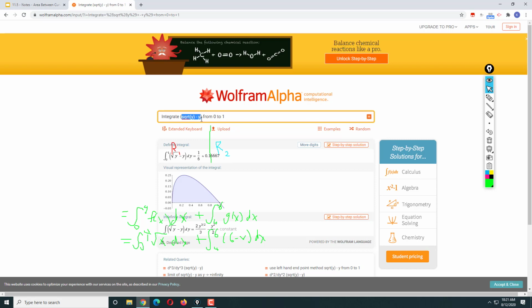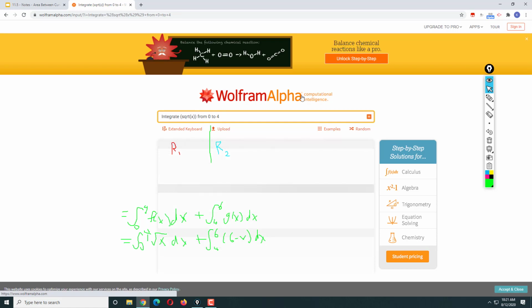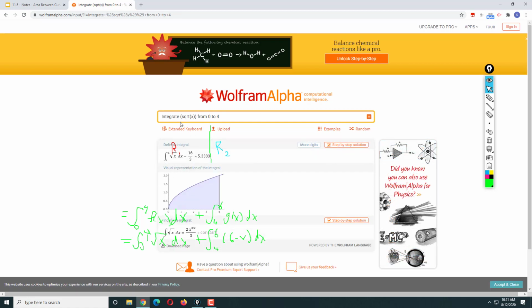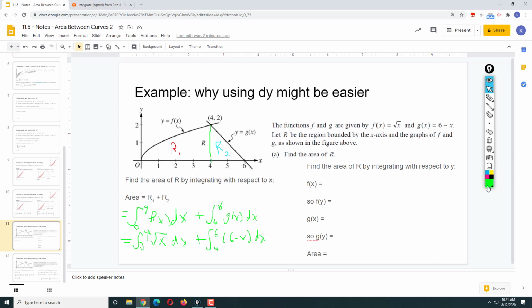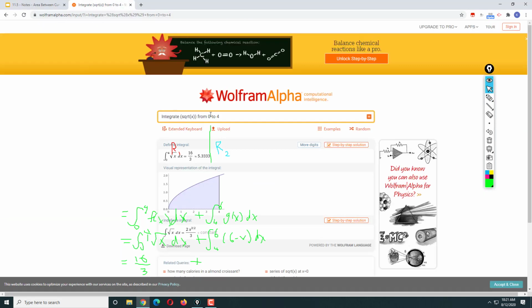So we're going to integrate square root of x from 0 to 4. And we get 16 over 3. So the area of R1 is 16 over 3. And then R2, that's the integral from 4 to 6. Go back to Wolfram Alpha.